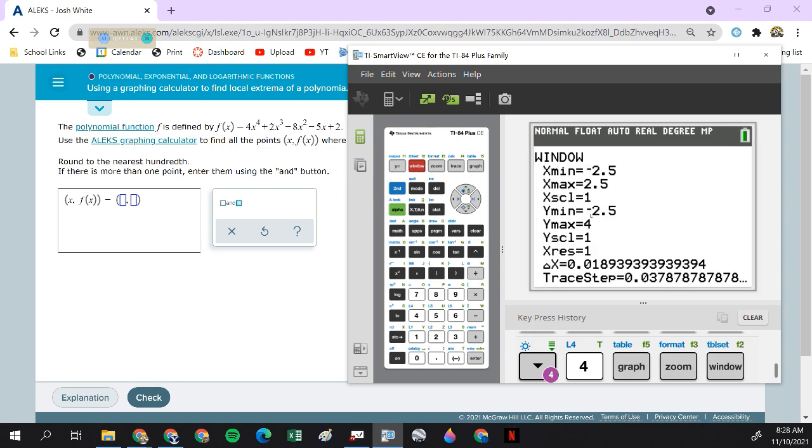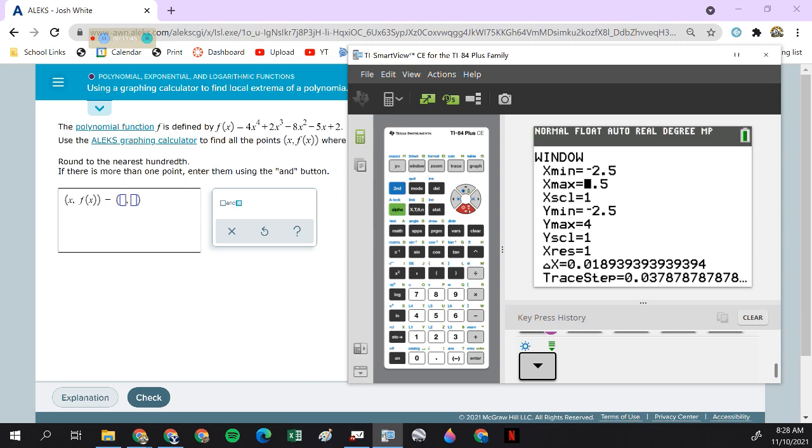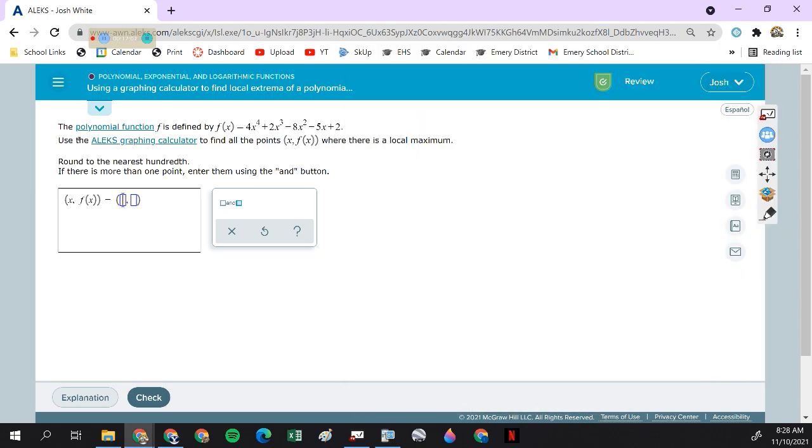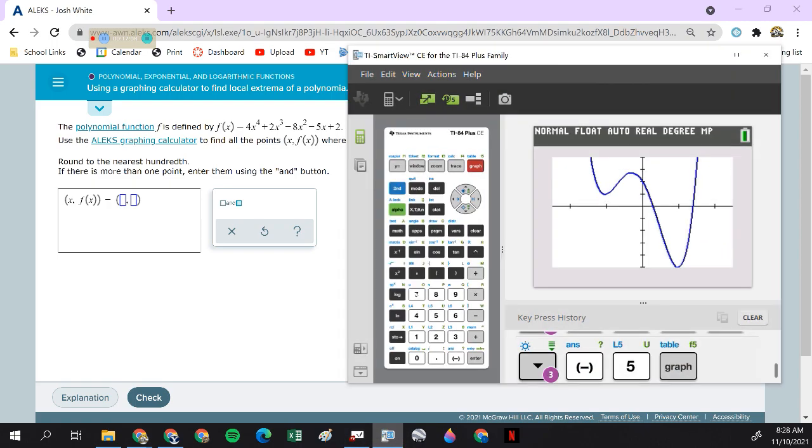Let's go down to negative 5. And then I'll be able to see the graph a little bit easier. Okay, so this has one local maximum and 2 local minimums. And we want to find the local maximums. Okay, so this graph only has 1.